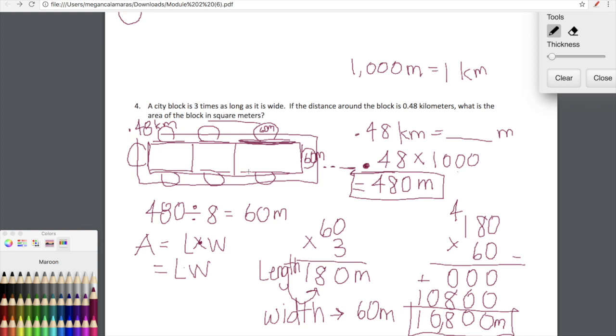We're going to see these on our celebrations of learning this week. But you guys have all of the skills that you need to be successful on this. We just have to make sure to take your time and really understand what the problem is asking. That's most of the battle, because you guys know how to divide, you know how to multiply, you know how to convert, you know how to add.